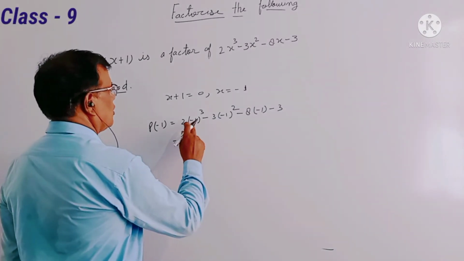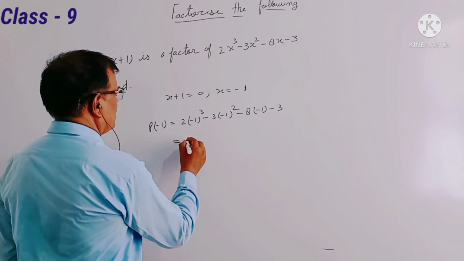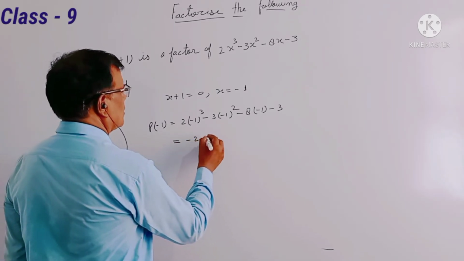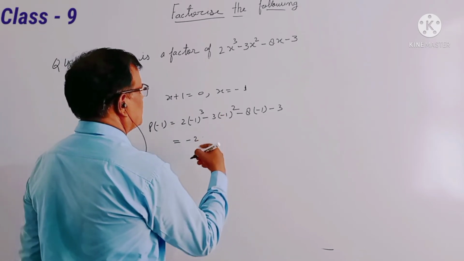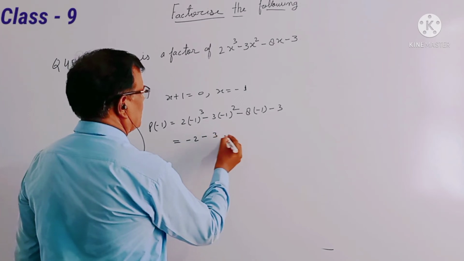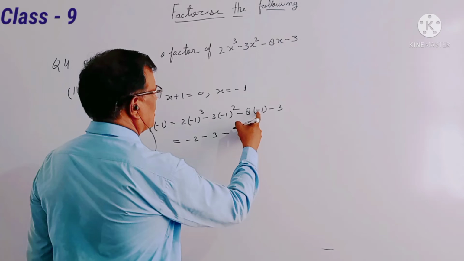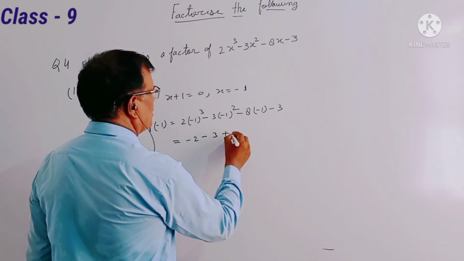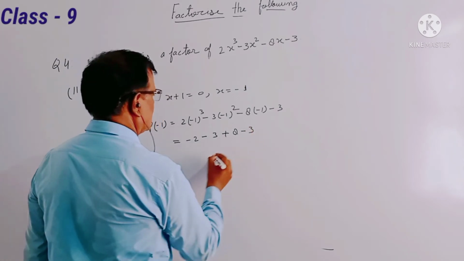Now the cube of minus 1 is minus 1, so it will be minus 2, plus the square of minus 1 is plus 1, so it will be minus 3. Here minus into minus is plus, so it will be 8, and here will be minus 3.